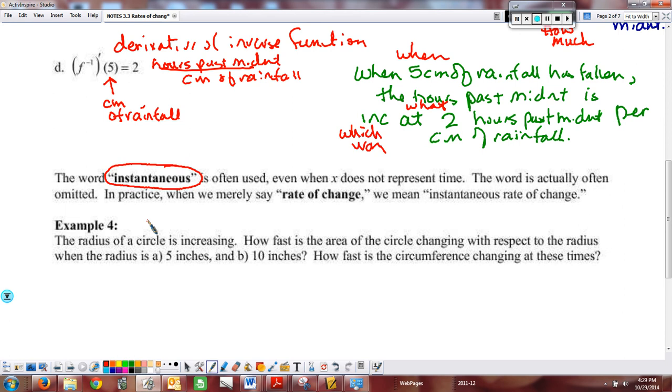You could have your amount of work that you have completed per hour, and that would be a time. But you could also be looking at how much time per job it's going to take. There are different types of slopes out there. Slopes are instantaneous rates of change when we're looking at a function and seeing what the slope of the tangent line is at that moment. And it's just change in y over change in x.